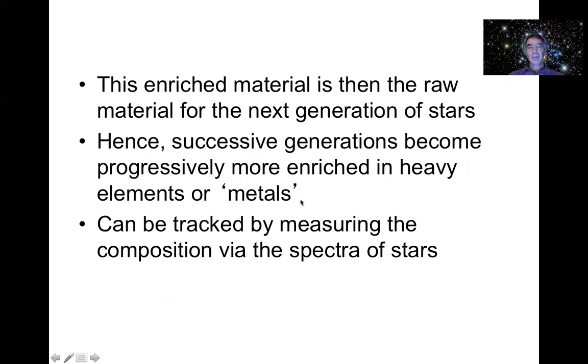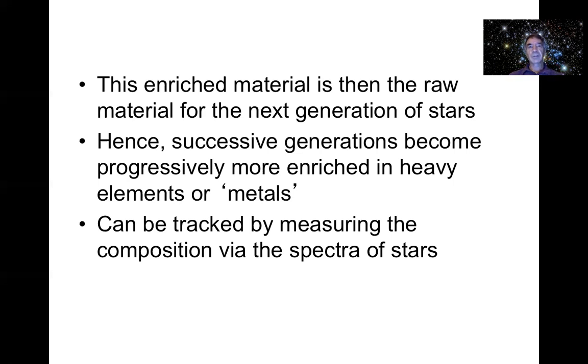Now, how do we know that this chemical enrichment is happening out there in space and over cosmic time? Well, we can measure the composition of stars by looking at their spectra. I showed you spectra of stars a couple of lectures ago. At the time, we were using them to work out the surface temperature of the star.